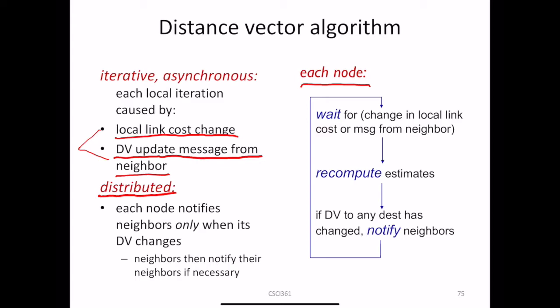Either one can trigger a recalculation for the distance vector update. Then, once one condition is satisfied, it will move to the recompute estimated step. After that, if the distance vector to any destination has changed, it will notify its neighbors.